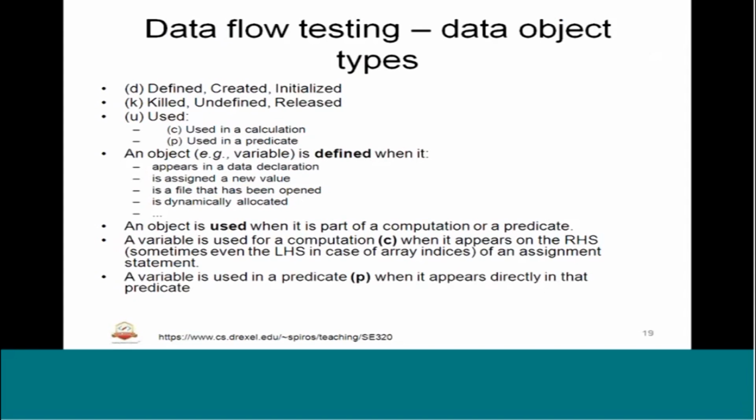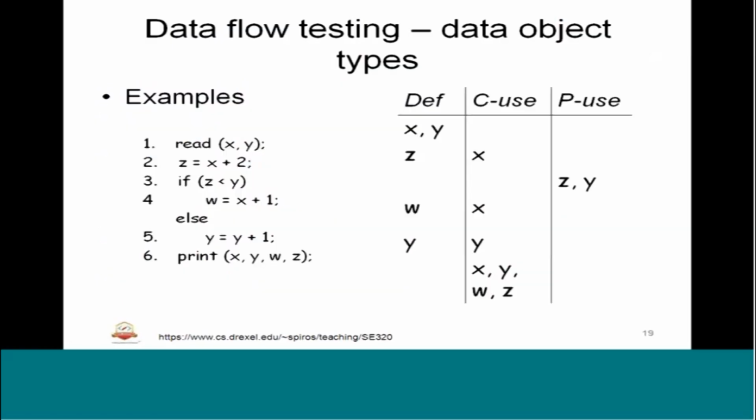An object is defined when it appears in a data declaration or is assigned a value, or when a file has been opened. That is also called an object. It also applies if memory for a variable is allocated, be it dynamically or using constants or pre-allocation mechanisms.